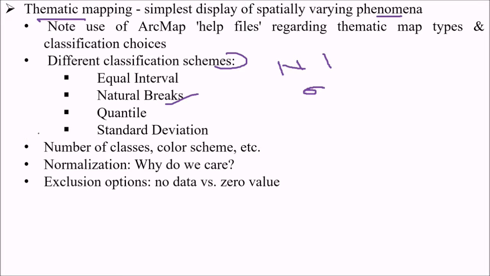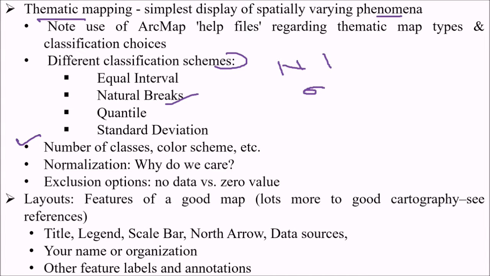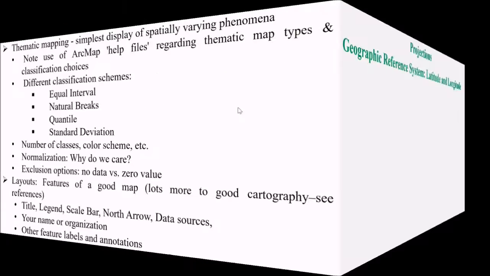You can also consider the number of classes, color scheme, and normalization, no data also, 0 for 0 value, or no data. These are different concepts. What about the layouts, the features of a good map? A good cartographer will make a map so that it shows the title, the legend, the scale bar, the north arrow, and the data sources, your name, the labels and annotation wherever possible.